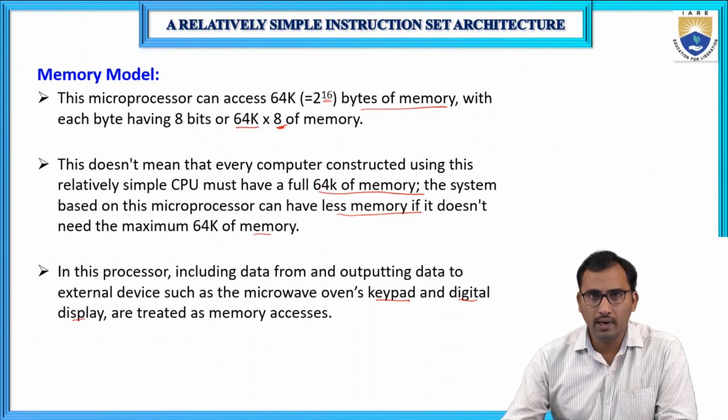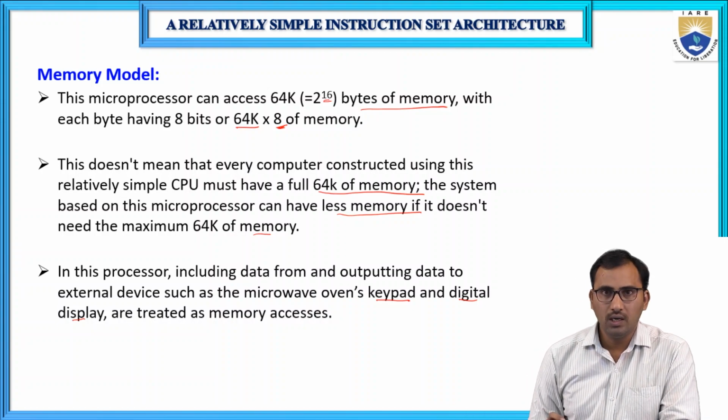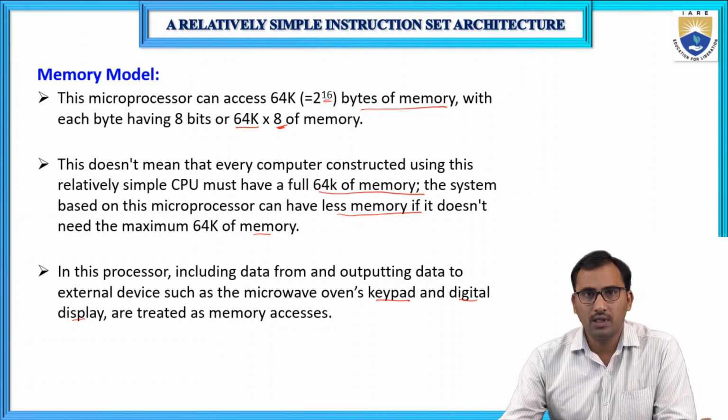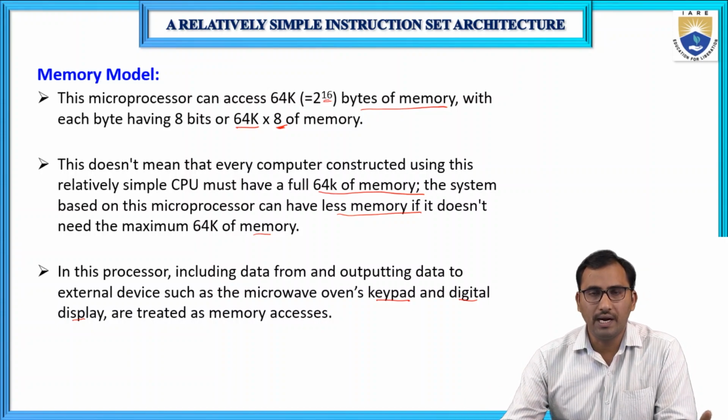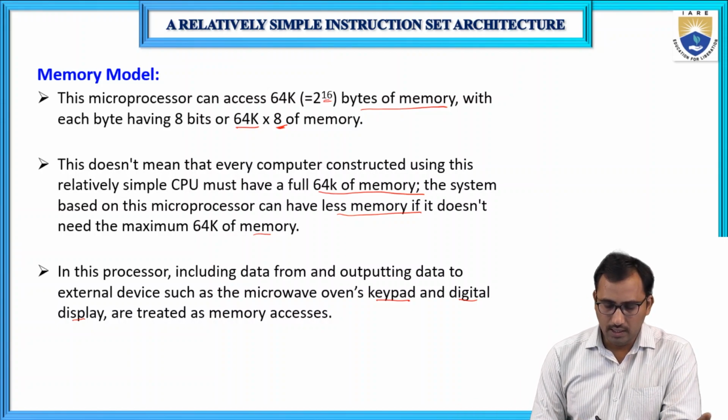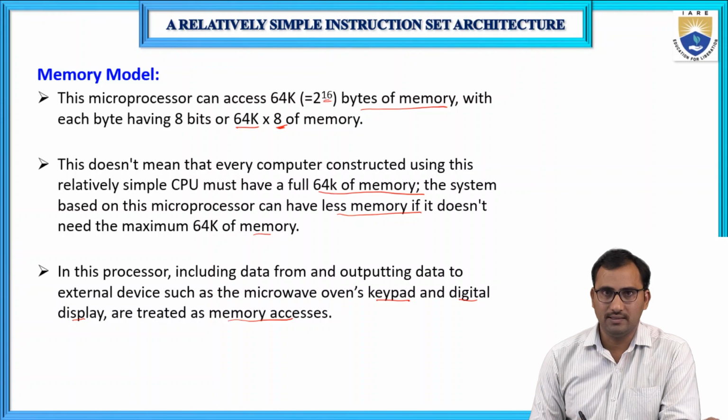For the microwave oven, we give inputs using a keypad, then it processes some operation, and the results are given to the user using a digital display. So reading from the keypad and writing to the digital display can be treated as memory access.